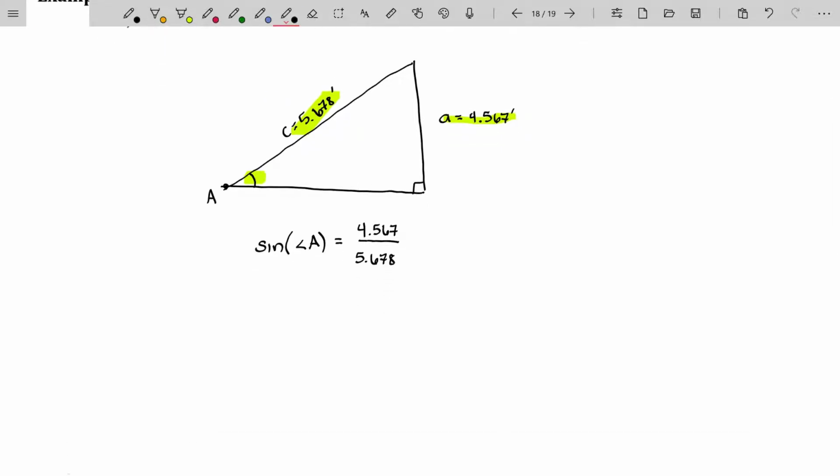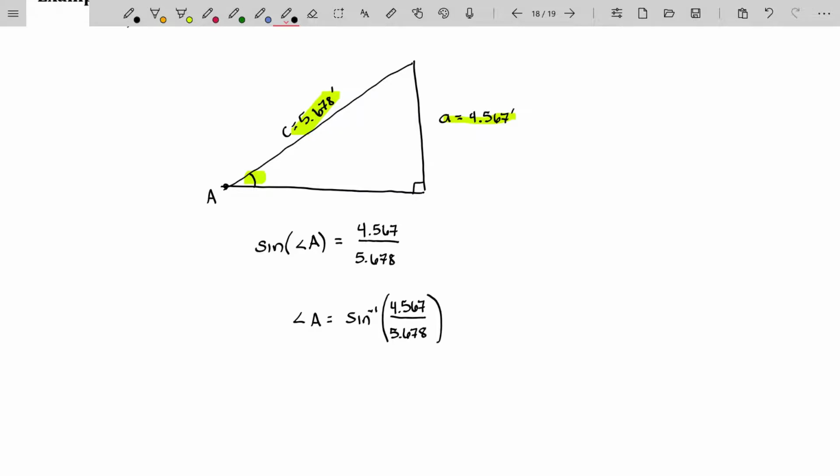And you can then find the angle A by taking the inverse sine of that ratio. So sine inverse of 4.567 over 5.678.